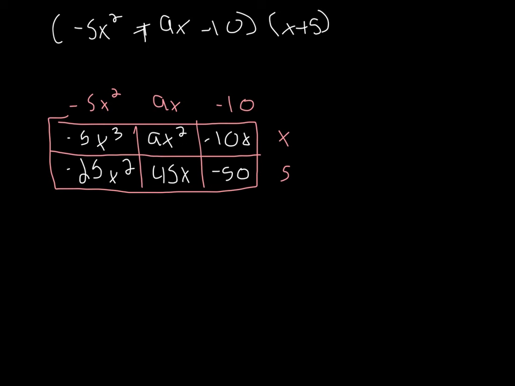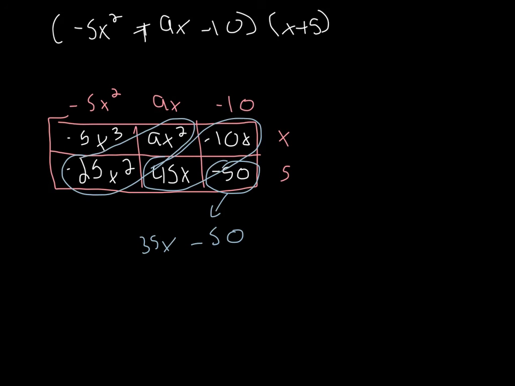So lastly, we're going to combine our like terms. We only have negative 50 for our constant. These two terms combine to give you 35x. These two terms combine to give us negative 16x squared. Put a plus in there, that's a positive 35x.